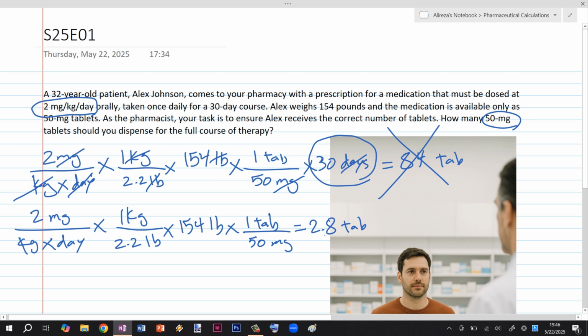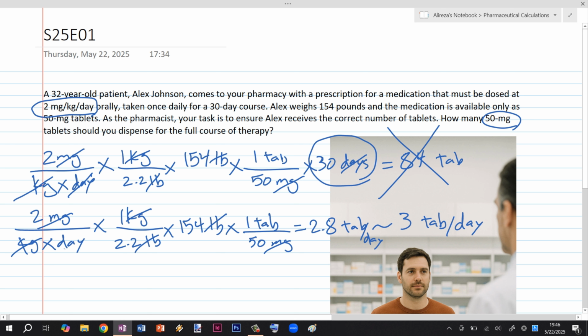You can't tell the patient to take 2.8 tablets per day, so of course this is going to be rounded to 3 tablets per day. So this should be per day. You can check this: kilogram and kilogram cancel out, pound and pound, milligram and milligram. So you're left with a tablet per day.